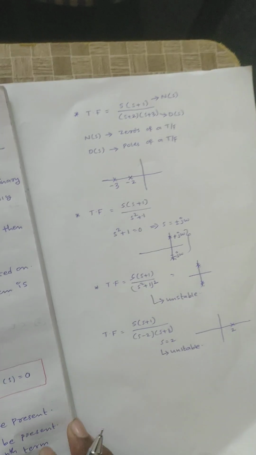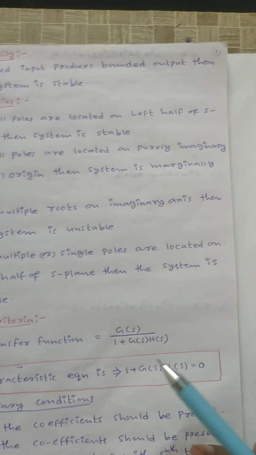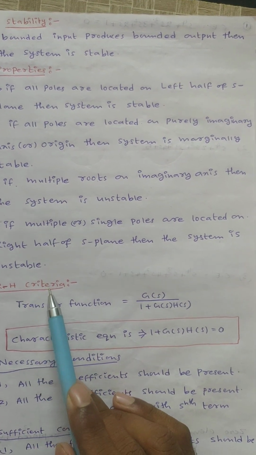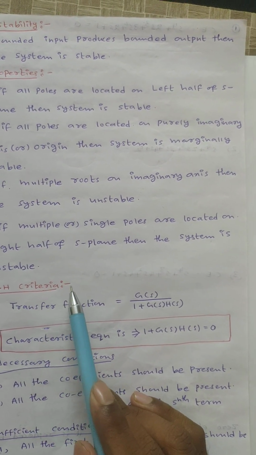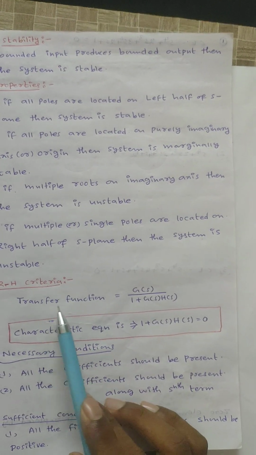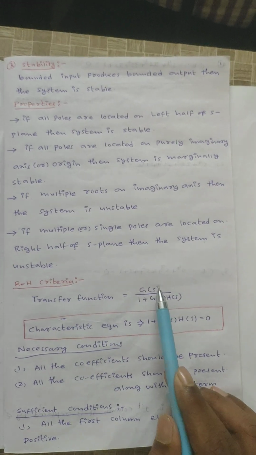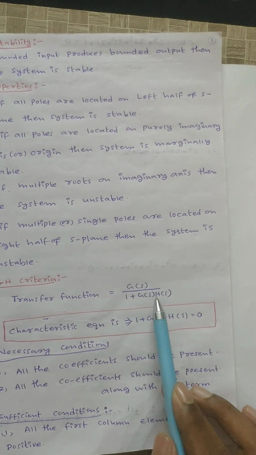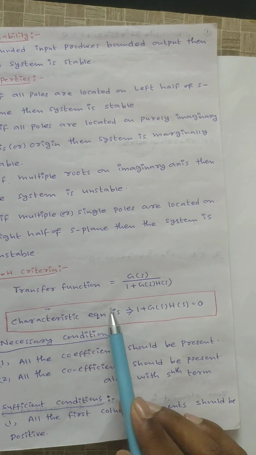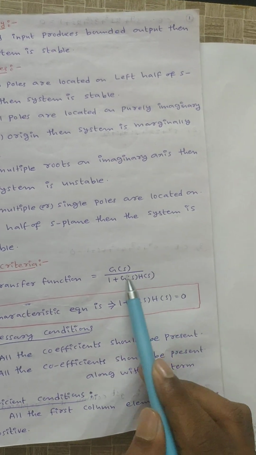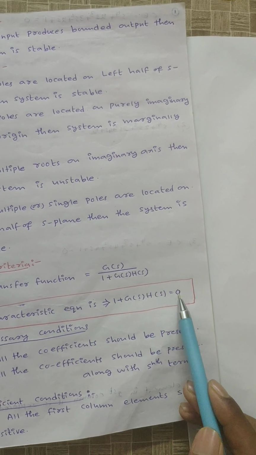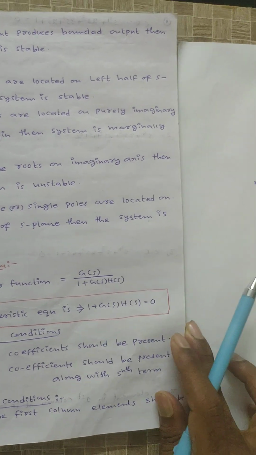Okay, now see here, to find out the stability, we use the Routh-Hurwitz criteria. The RH criterion is used to find the stability of any control system. Already we know that the transfer function is G of S by 1 plus G of S into H of S. To find the stability, we need to consider the characteristic equation, that is the denominator: 1 plus G of S into H of S equals 0.